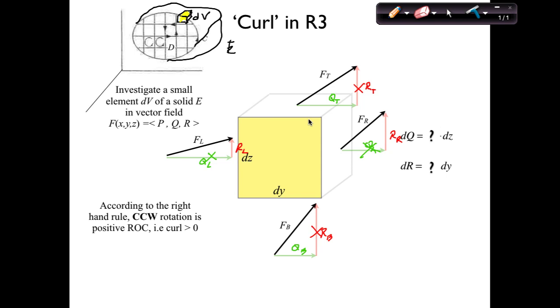We said Q with respect to Z, and what? We want the positive R with respect to Y, and we want the negative Q with respect to Z to get it all in the counterclockwise direction, right? And then as a vector, what will the direction of this be?